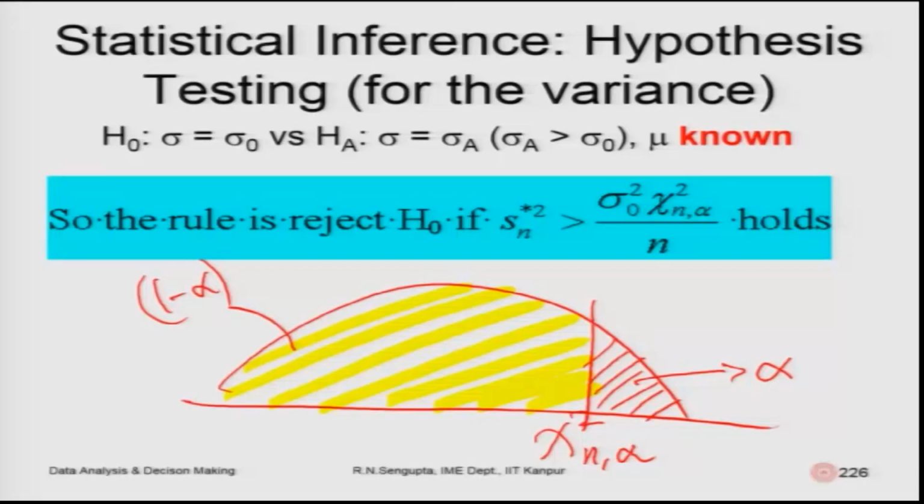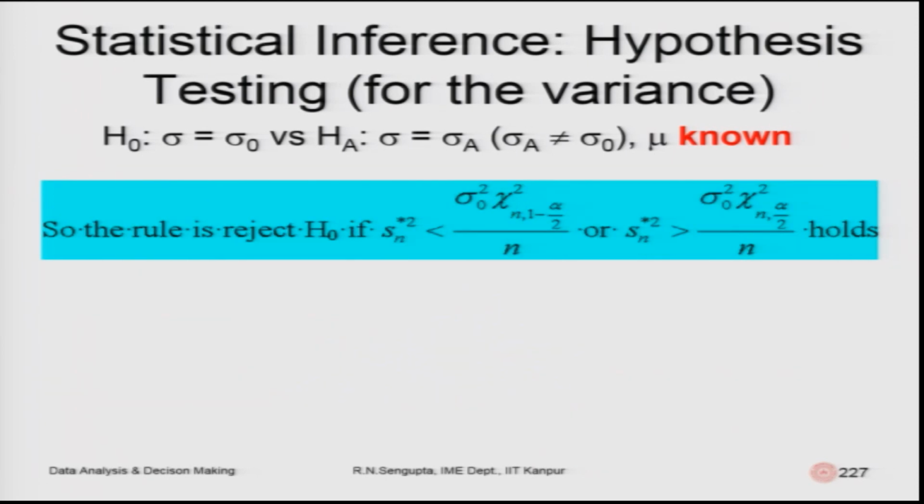So, in this case you will reject H naught if S dash square is greater, that means on the right hand side. Obviously the hypothesis is, under H naught, mu is equal to mu naught with sigma equal to sigma naught, with respect to H A being sigma equal to sigma A, where sigma A is greater than sigma naught and mu is known, the mean value of the population is known.